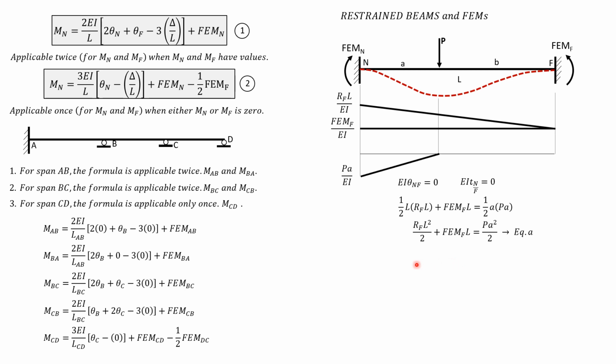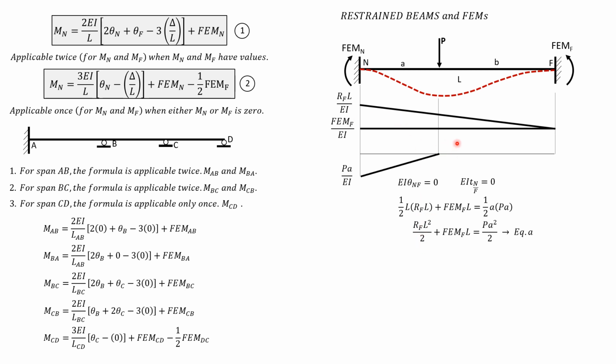Then for the deviation of N relative to F, it's simply the moment of areas with respect to N. These are already the areas, so all you have to do is multiply these areas by the moment arms. For RF L squared over 2, multiply by L over 3.